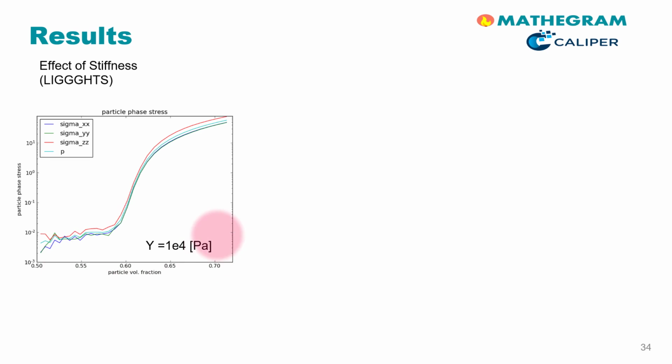These particles have a Young's modulus of 10 to the power of 4 Pascal, so 10 kilopascal. If you look closely, there is an appreciable difference in the normal stresses. The ZZ stress, the one in red, is significantly larger, something that is also our intuition.